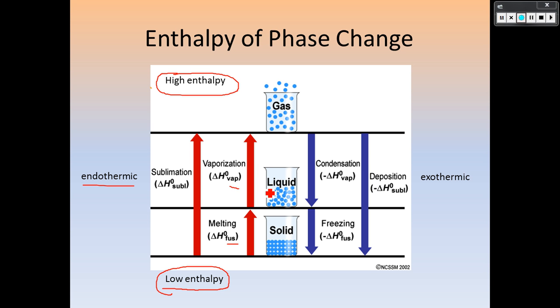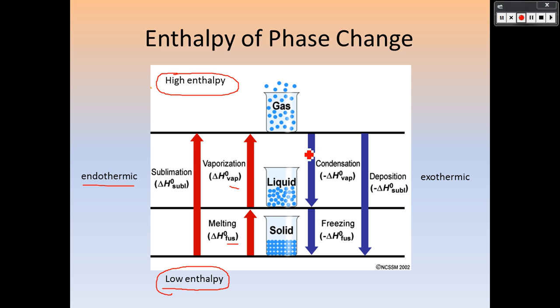The system gains energy, the surroundings lose energy. The same when you vaporize, you go from liquid to gas. The system gains energy. Where does it gain it from? The surroundings. The surroundings lose energy. That's why evaporation, we say, is a cooling process, not because the gas loses energy, but because the surroundings lose energy. That's why when you sweat and that sweat evaporates, you end up cooler.